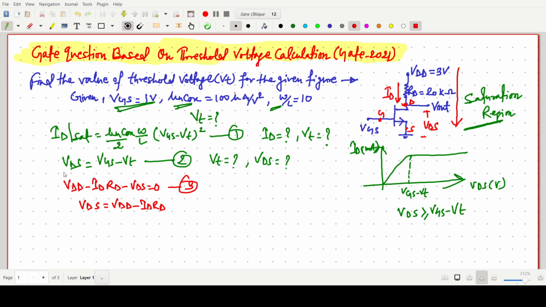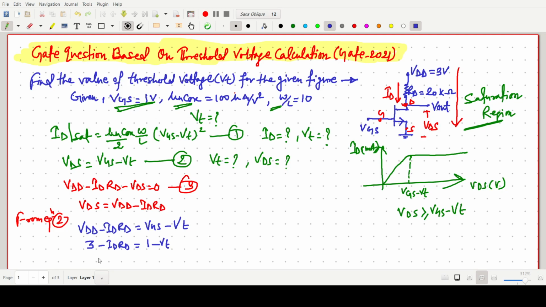From equation 2, instead of VDS we can write VDD minus ID RD equals VGS minus VT. This is again in terms of ID and VT. Now we put in the values: VDD is 3 volt, and VGS is given as 1 volt, minus VT.